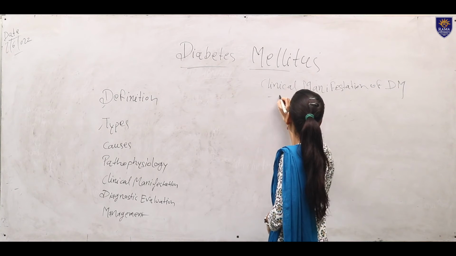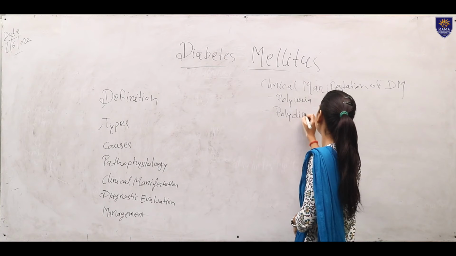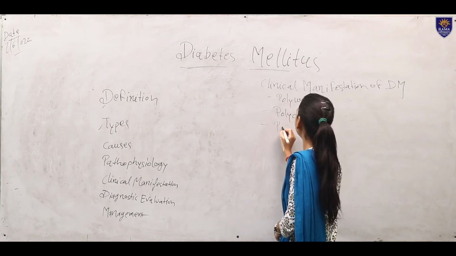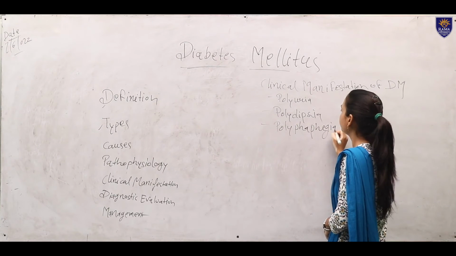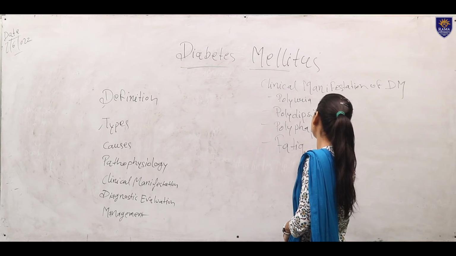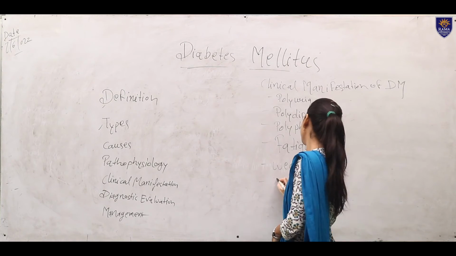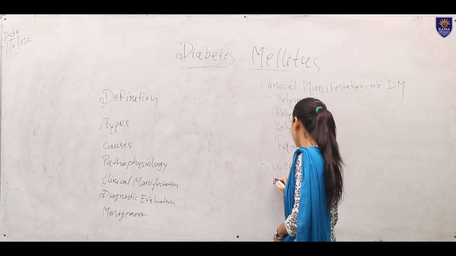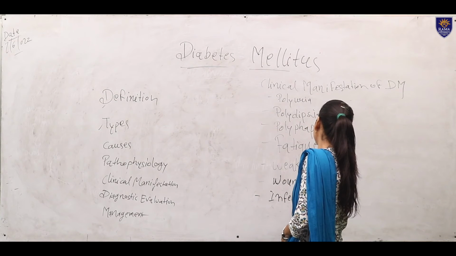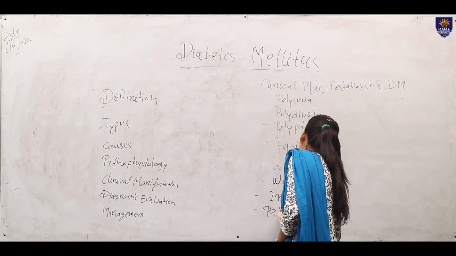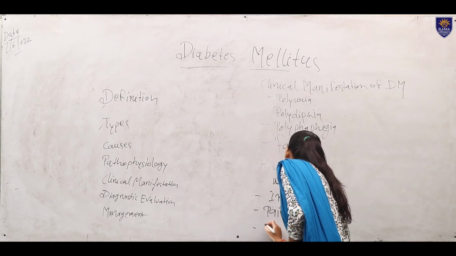First, polyuria, polydipsia, then polyphagia, after that fatigue, then weakness, wound infection, pain in muscles, weakness, tiredness.